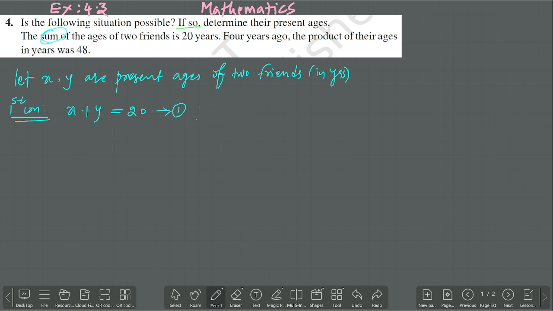Here I will write then. Second condition. Four years ago, x minus 4, y minus 4 are the ages of the two friends.